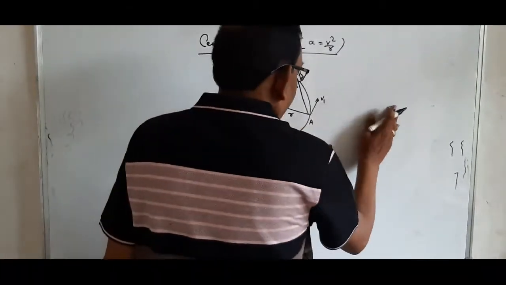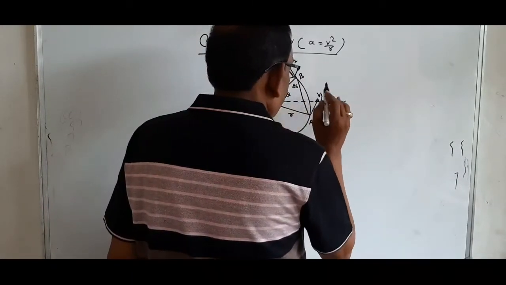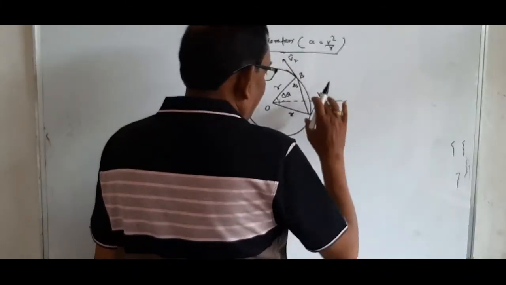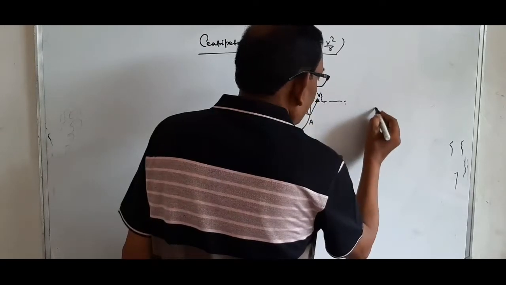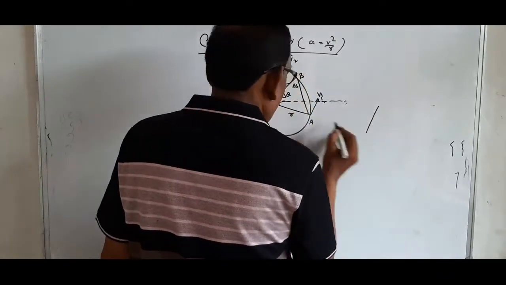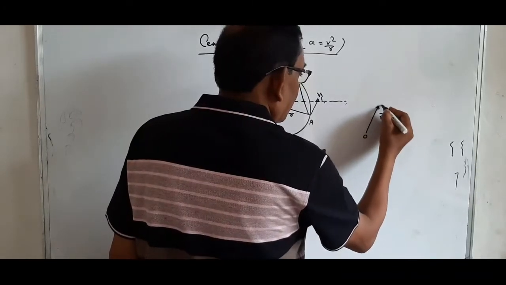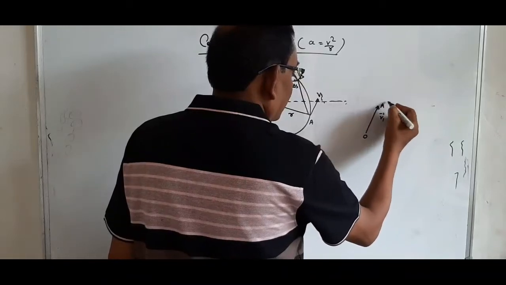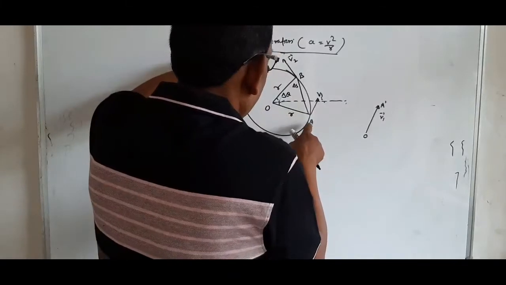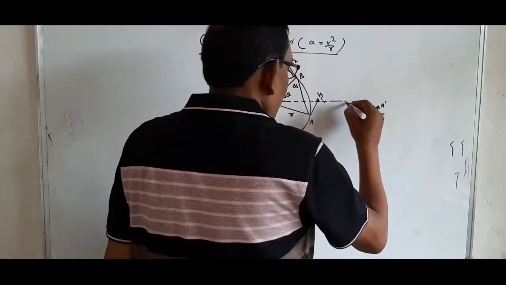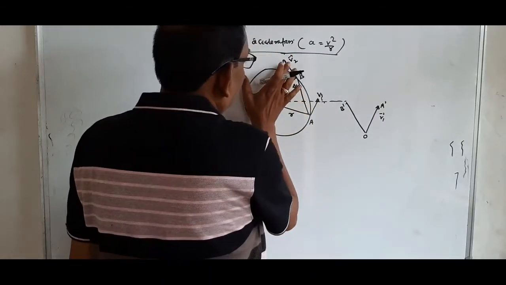Here, draw a line O A dash parallel and equal to V1. It is your V1. Now again draw another line, O B dash, which is parallel and equal to V2.